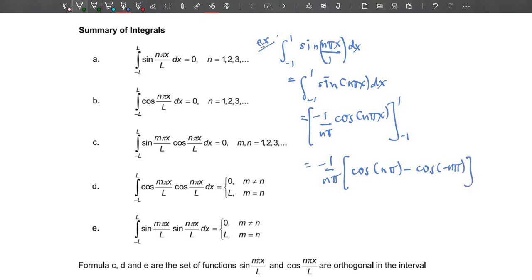Take note that in the previous video, I mentioned that cos negative n pi is the same as cos n pi. So cos n pi minus cos n pi is equal to 0.